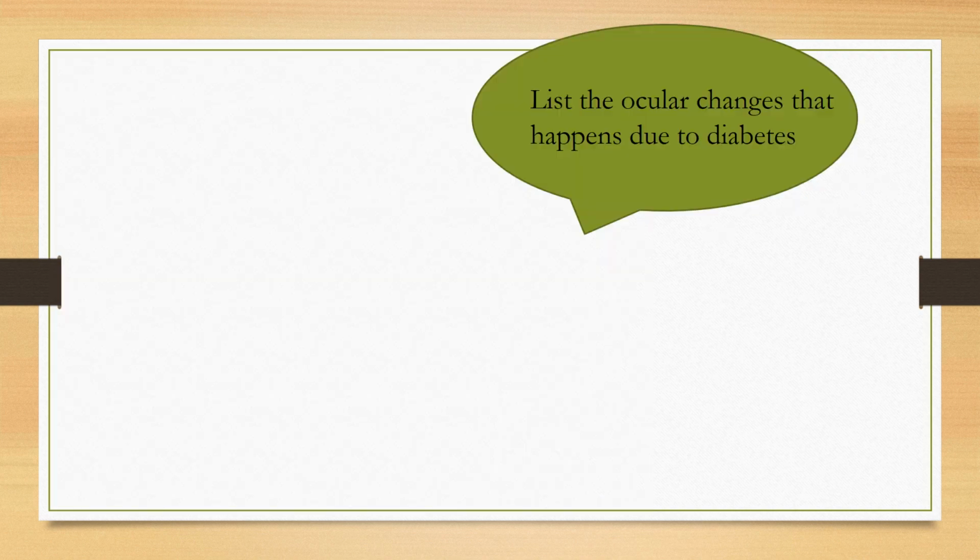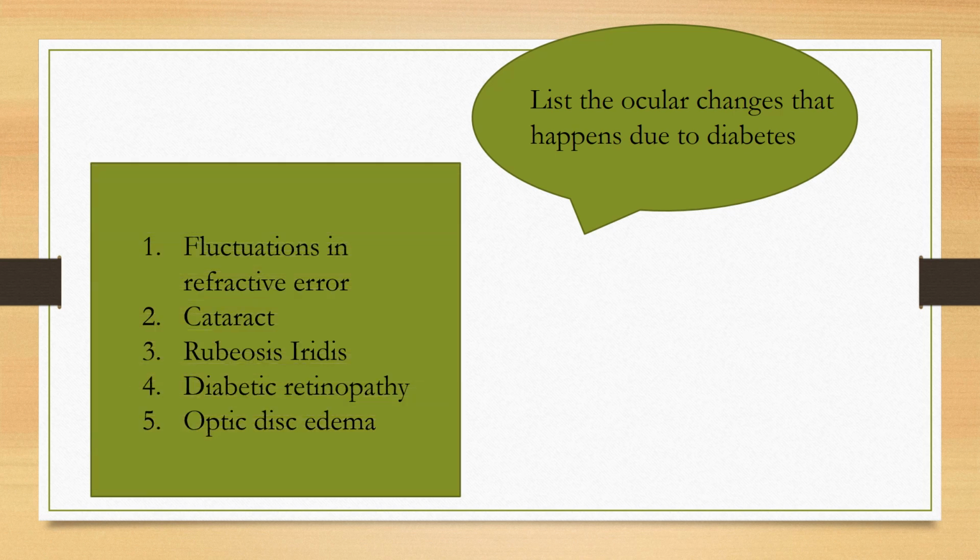Now I'll give you a gap of 5 seconds. Just list down what we discussed about the ocular changes due to diabetes. Okay, now we'll list it down. There might be a fluctuation in the refractive error.